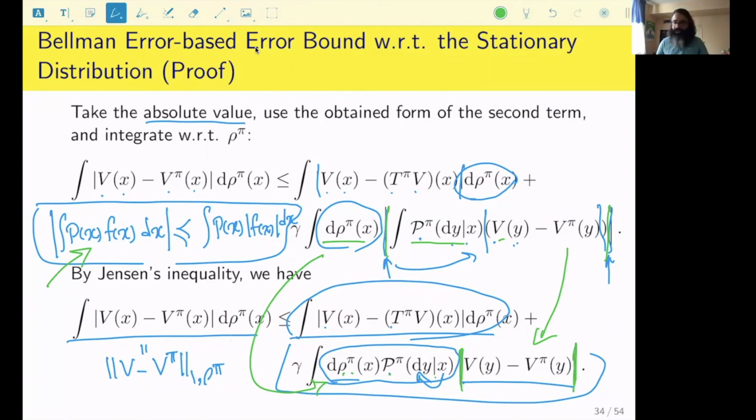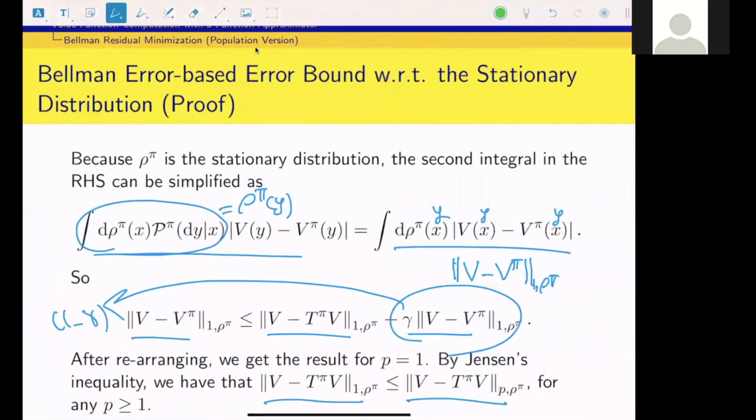Is this clear so far? Yeah. So this is again two integrals in some sense. There is one integration over x, the other integration is over y, but I just show it with one integration. Is this okay so far? Yeah, all good.